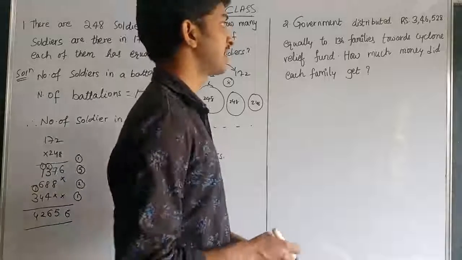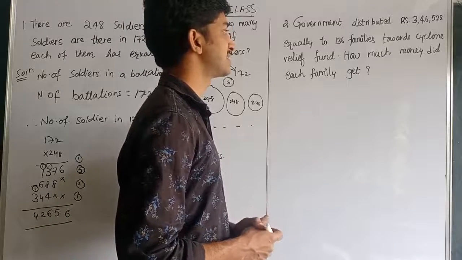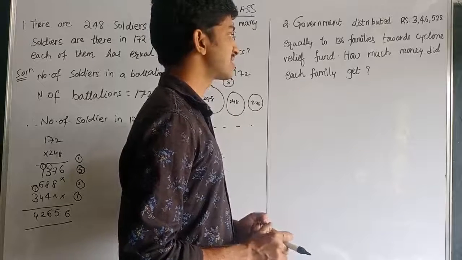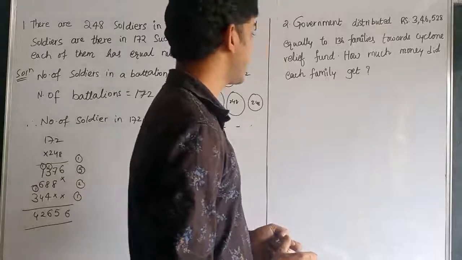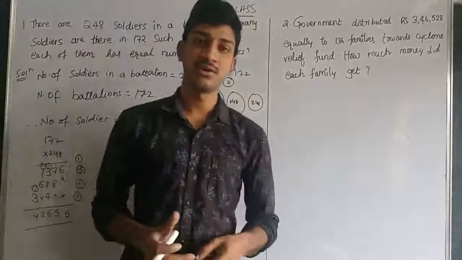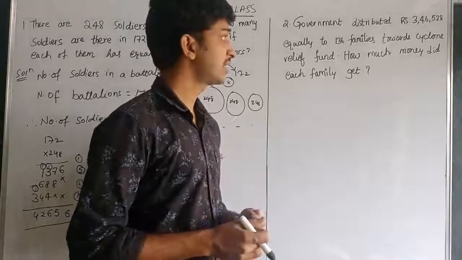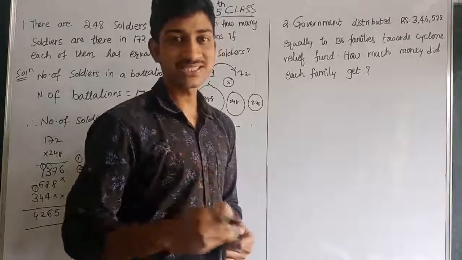Okay, children, now see the second question. Government distributed 3,46,528 rupees to 136 families towards a cyclone relief fund. How much money did each family get? See here, government distributed a relief fund of amount 3,46,528 rupees to 136 families.